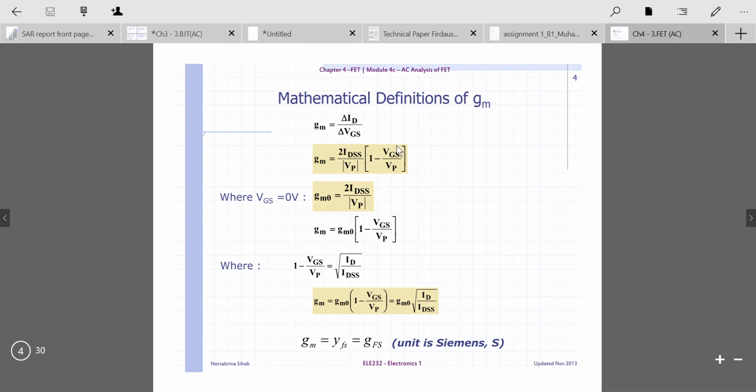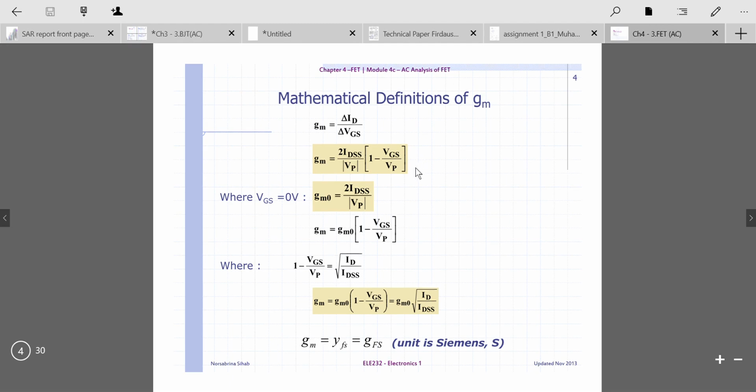Or gm is equal to d over d VGS of IDSS multiplied by 1 minus VGS over VP to the power of 2. Okay, so after you have derived it, you will get this formula.